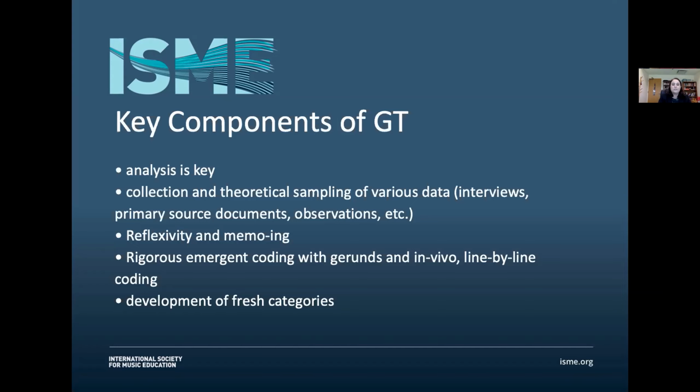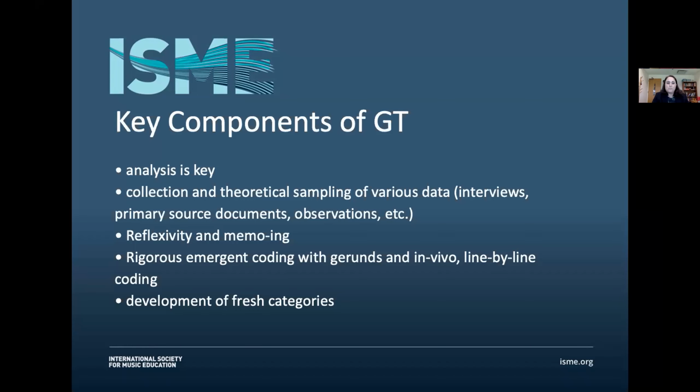Throughout this process, we also go through a reflexivity kind of self-indulging process too, for lack of a better term, where we're always sitting there and we're memoing and documenting and journaling what our feelings are about the data, how we see the data connecting, how other theories that we know that are somewhat related to our topic could be related to the data that's coming out.